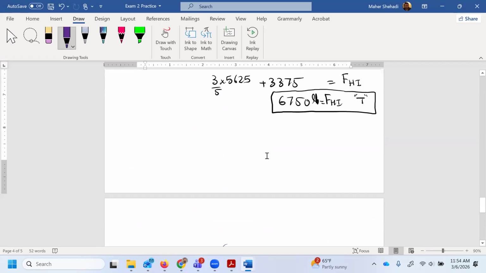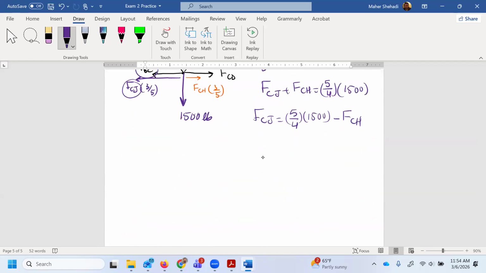Minus 5,625. Therefore, it should give me 7,500. That's a positive, and then over there, we're gonna get also a positive value. So it would be under tension.